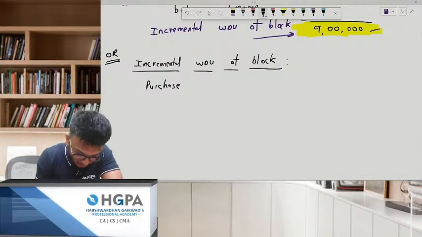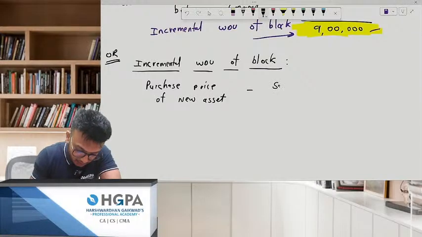You should write everything. Purchase price of new asset minus sale value of old asset. Figures, please.